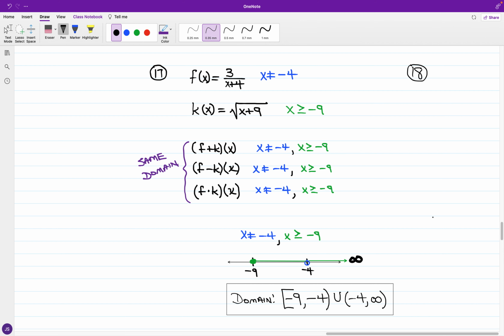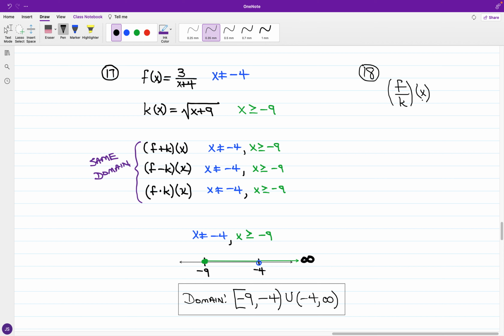Okay. So in the case of number 18, this one's a little bit tricky too. So we have f over k of x, so we have f of x over k of x.